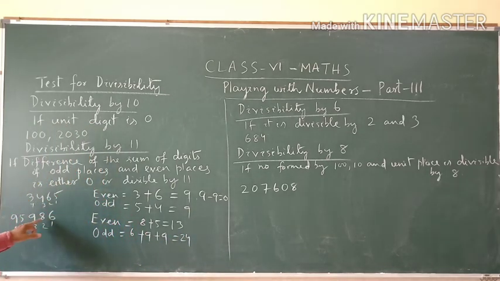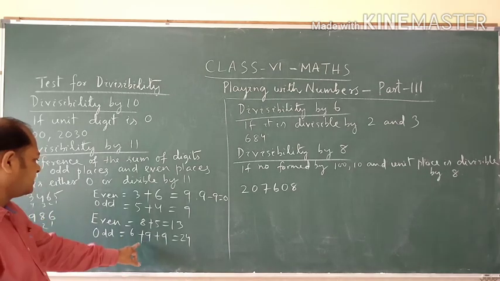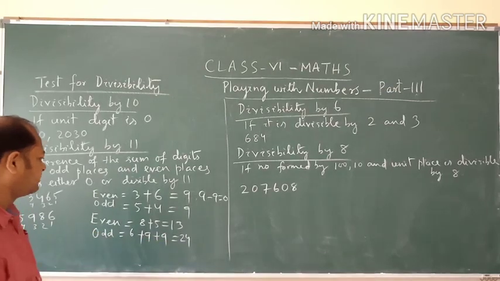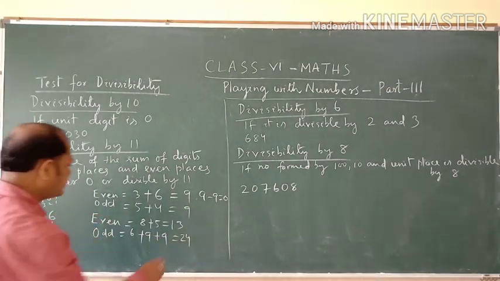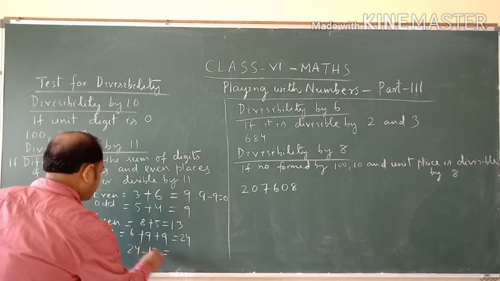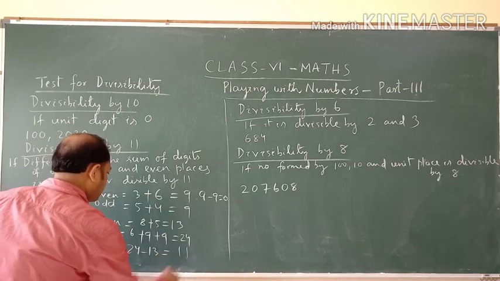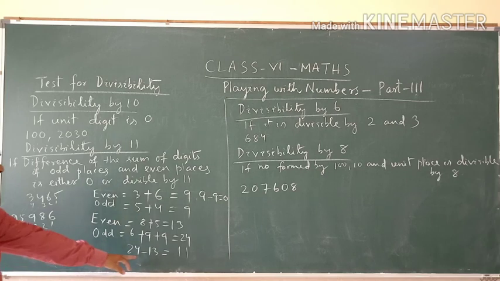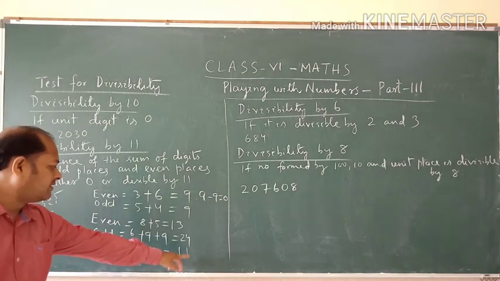So you see that 8 plus 5 is 13, and 6 plus 9 plus 9 is 24. What would the difference be? Let's check. 24 minus 13: 4 minus 3 is 1, and 2 minus 1 is 1. We see that after the difference, the number 11 is coming.